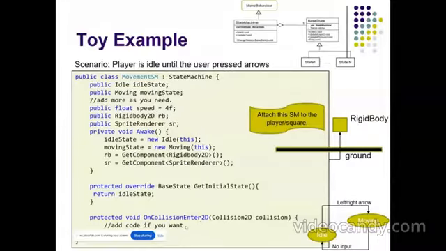Also, we can have on collision, because this state machine that we are extending is also MonoBehaviour. So we can have everything we want to add, okay? The thing here is that the initial state of this object is going to be idle state. And idle state, as you can see here, is of type what? Idle. We'll look at the idle state in the next slide.